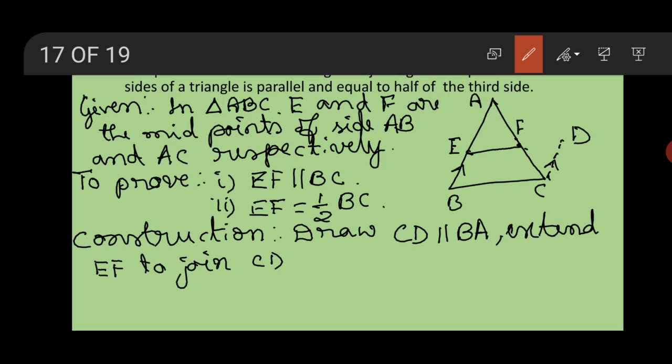So we have to extend EF also here. Take the scale and join this.